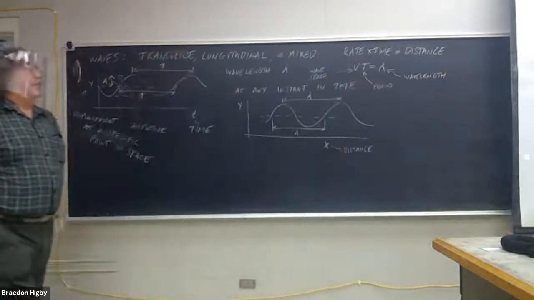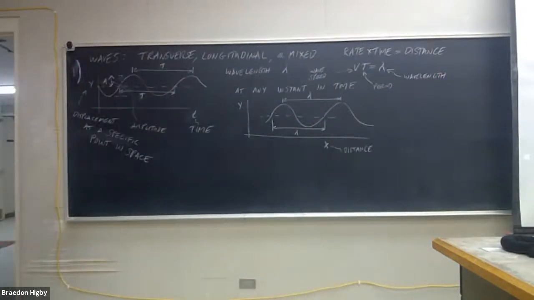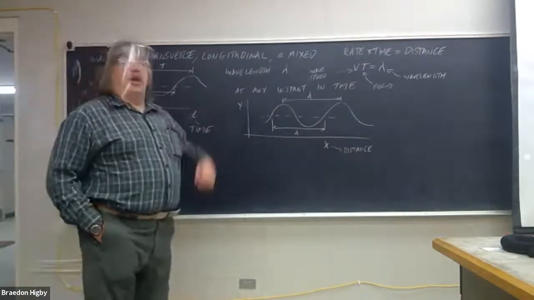So the relationship between the period, the wave speed, and the wavelength is just given by our one-dimensional motion, rate times time equals distance, with the rate being the wave speed, the time being the period of the motion, and lambda there being the wavelength.